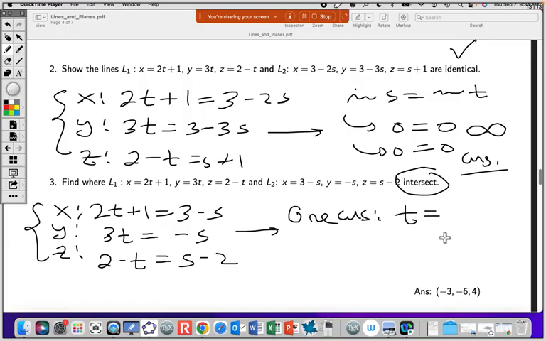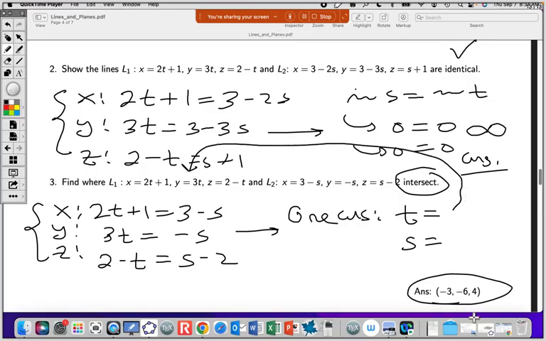You'll get an answer for t and an answer for s. And when you plug your answer for t into x, y, and z, you'll get a point, and that'll be the same point you get when you plug in your answer for s. So once again, you just solve that system of equations using substitution or elimination. You see why we're equating the components though, folks? Does that concept make sense? That's the big concept there.